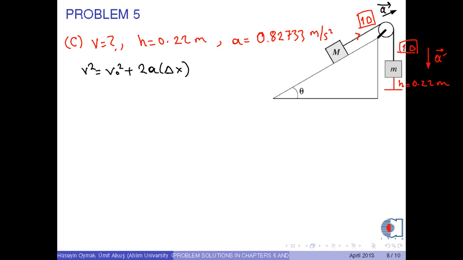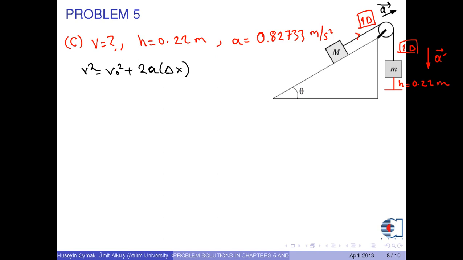We are asked to find the speed of block small m when it falls h equals 22 centimeters, which has to be converted into meters as 0.22 meters.